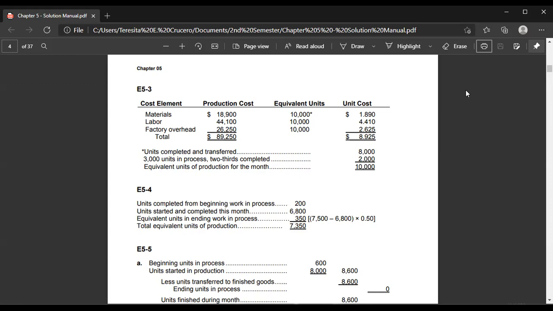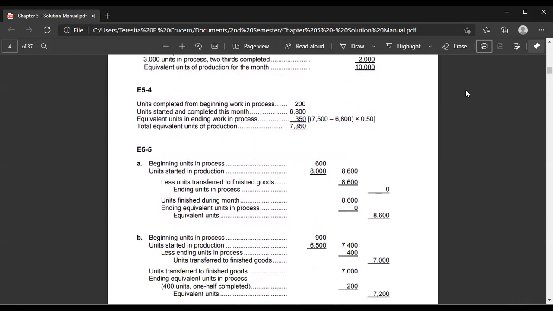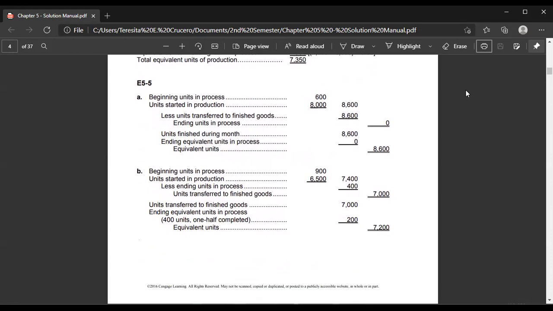So in other words, the 200 which were already in process beginning and the just started, the work done is assumed to be 100%. And only the ending inventory with the 700 units with the work done of one half. So you now get 7,350. We go to E5.